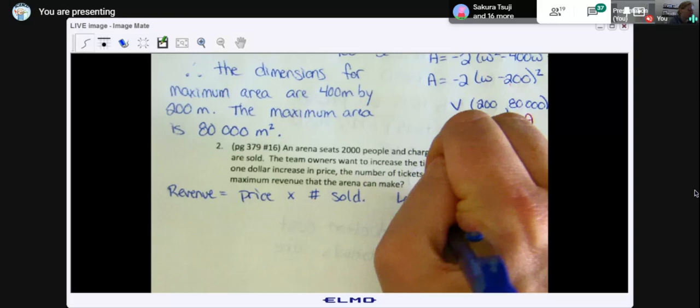Now the number sold started at 2,000. What's happening to the number of tickets sold? Every time it increases by $1, what happens?